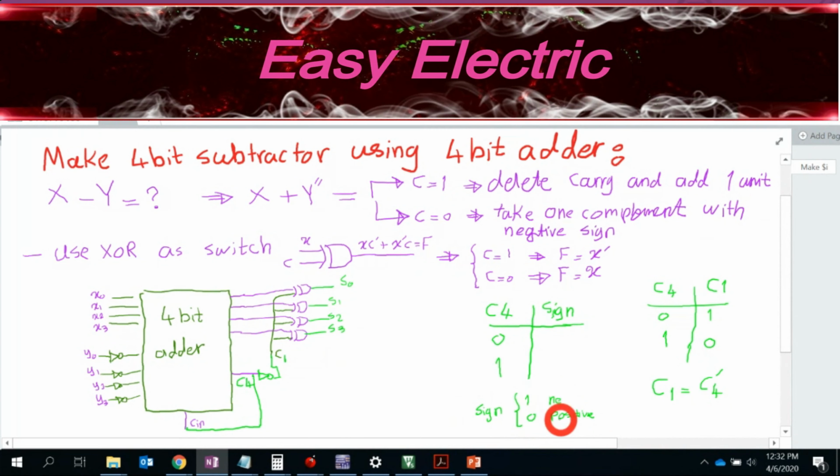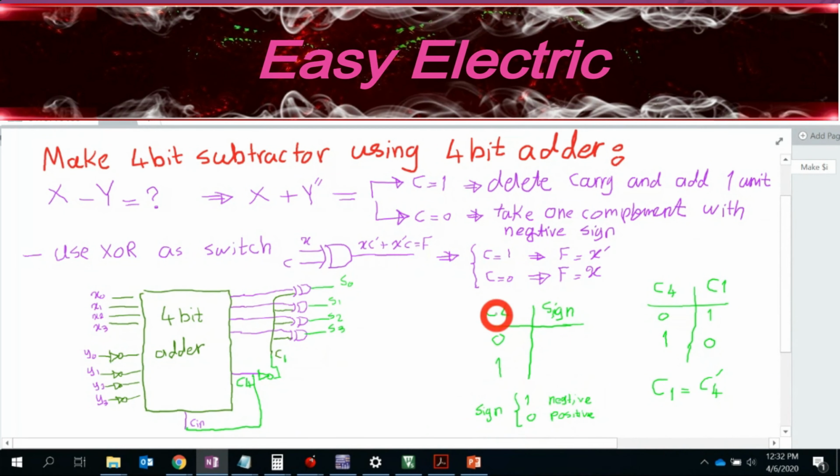Okay, 1 negative, 0 positive. You could do the opposite of that. That's up to you as a designer, okay? So you could say 0 is positive, 1 is negative. That's up to you. But here, this is what we want to do. Sign 1 means negative, 0 means positive.